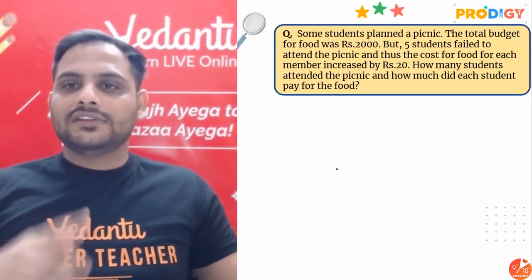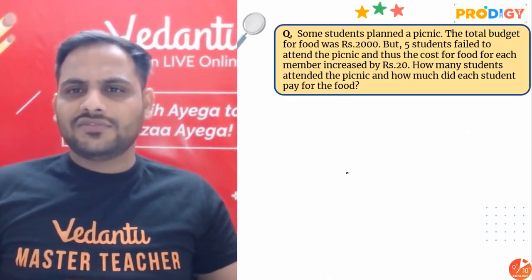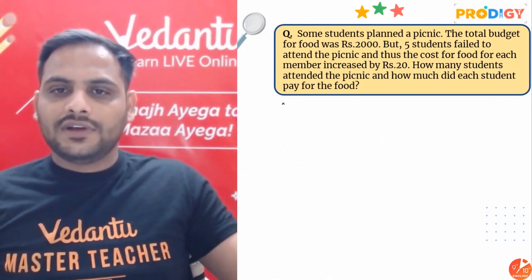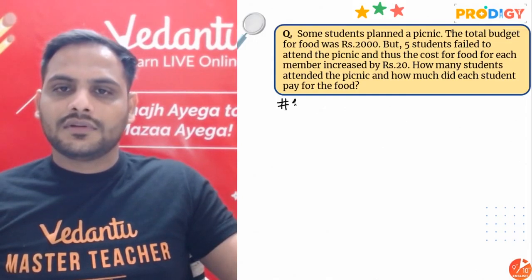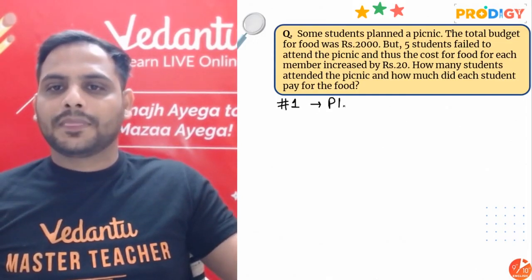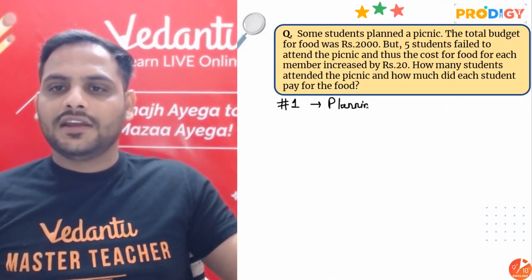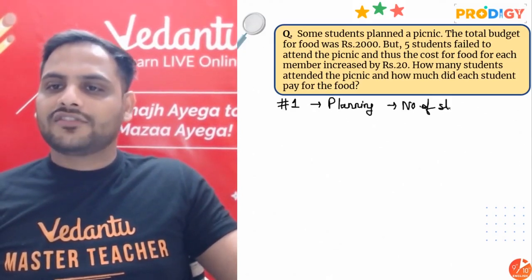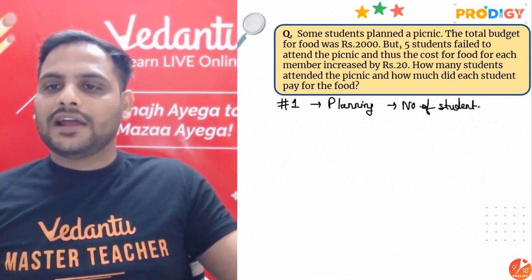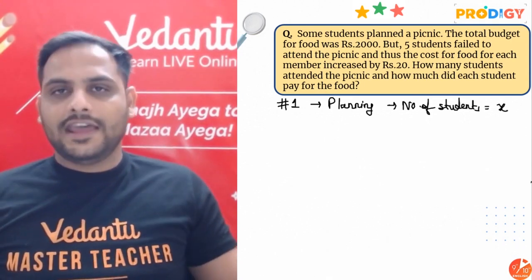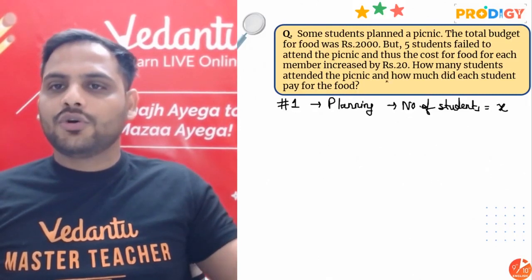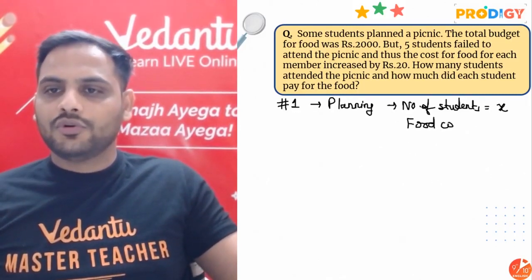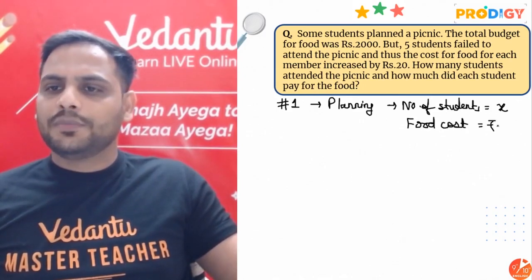So look, first let's see how many students there were in the planning stage, and then we'll see how many attended the picnic. So case 1, planning. Let's say during planning the number of students involved was x, and the food cost is rupees 2000.